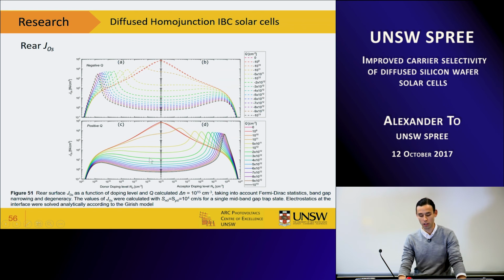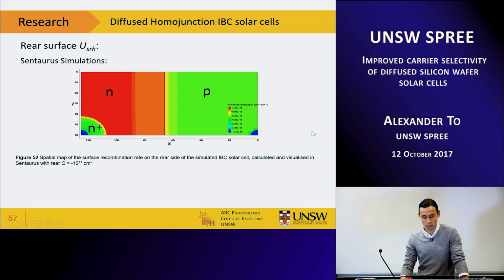And you can see here there's a peak where you don't have any interface charge, which is in the low dopings, and similarly that peak moves out as you have higher levels of charge for higher dopings, and that's all related to where the carrier concentrations approach parity. So you have your highest surface recombination potential when your minority carrier concentration approaches that of your majority carrier concentration. So this was interesting because it suggests that you can spatially affect where that peak surface recombination occurs if you change your interface charge.